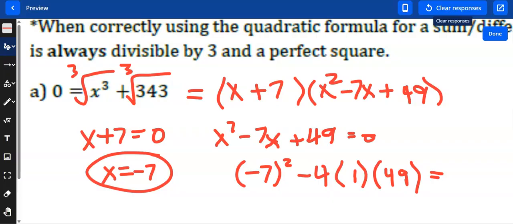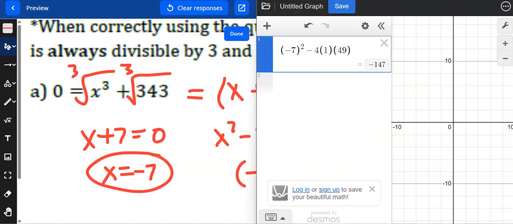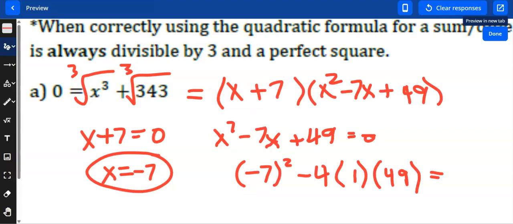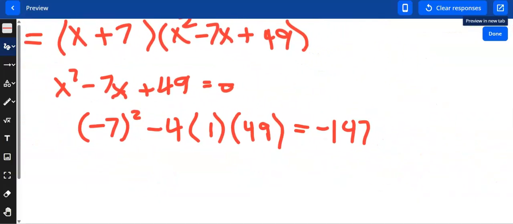Hold on. It appears that we are getting -147 for that value. Well, that's definitely telling me we're going to have imaginary numbers.